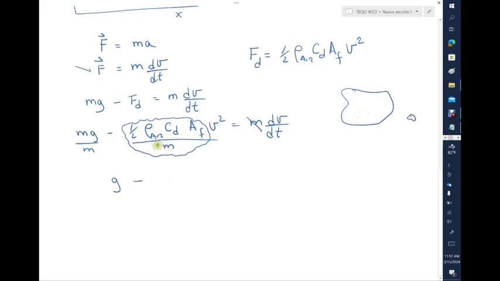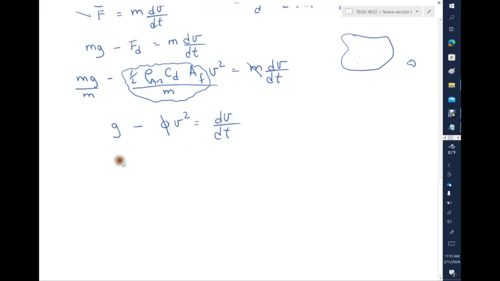I want to call that property phi, just to avoid rewriting everything. So you end up with this equation. I like to put this more like a differential equation like this: dv/dt equals g minus phi v squared.